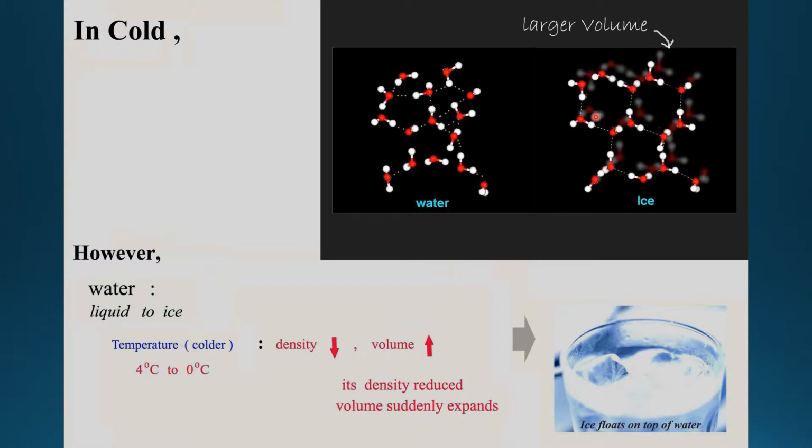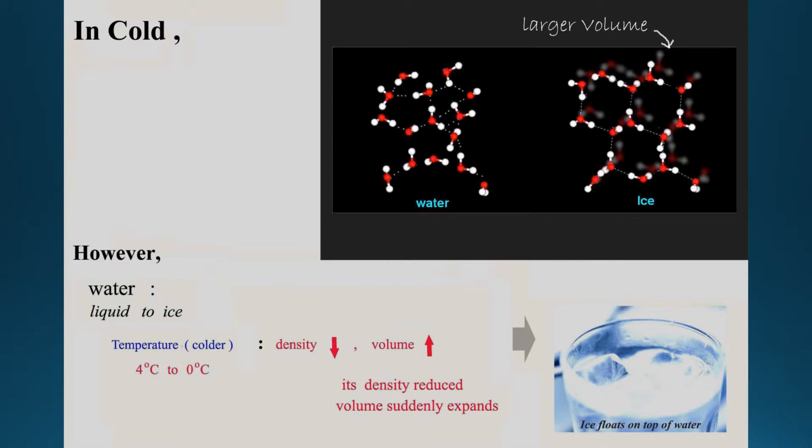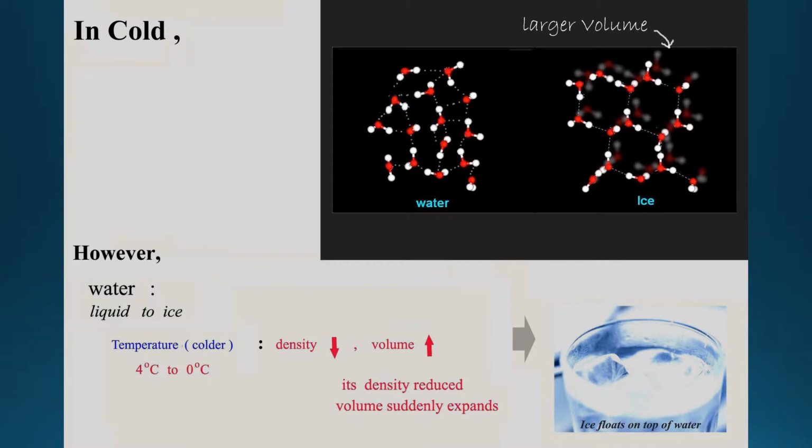When it becomes solid, it occupies a bigger volume and has lower density than moving water. This explains why ice floats in water, and why once water becomes ice, the volume suddenly expands as the density decreases.